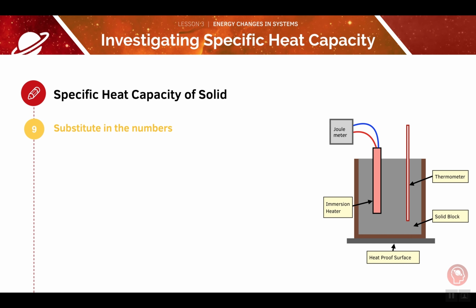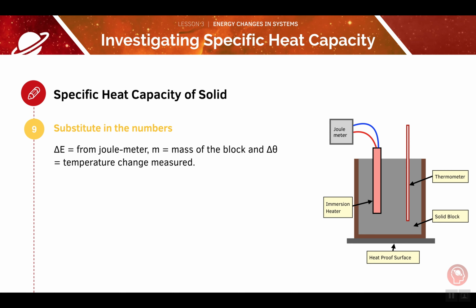Now that we have our equation, we can put in the values we have recorded. Our value of delta E will be from the joule meter, m is the mass of the block, and delta T is the temperature change that we measure. Once we have calculated the value for specific heat capacity, we have to give the correct units.